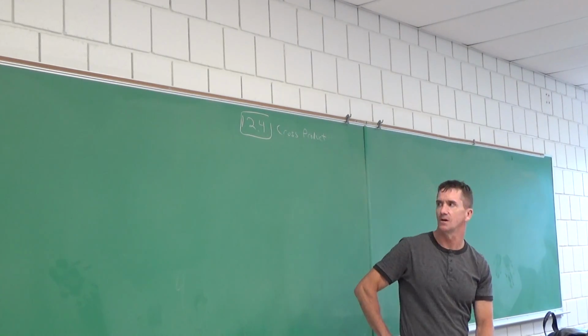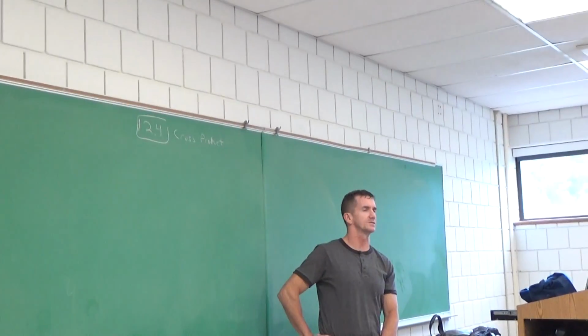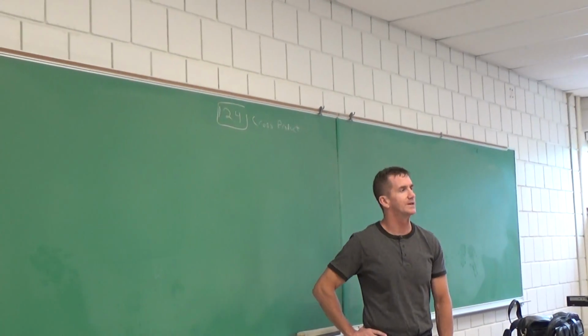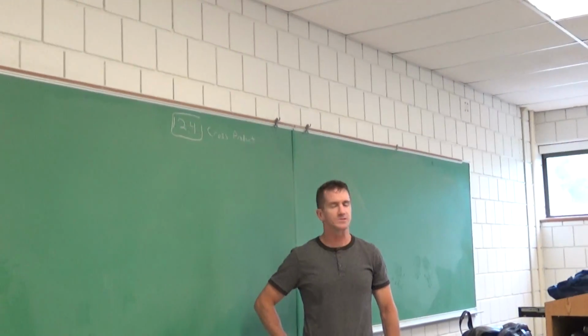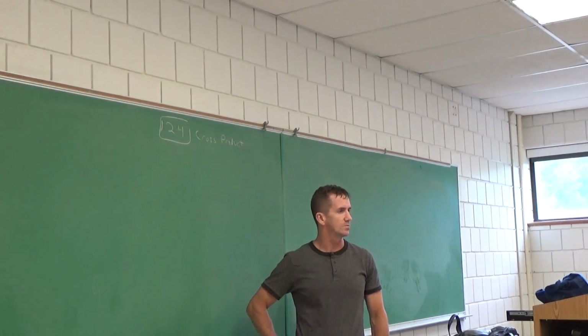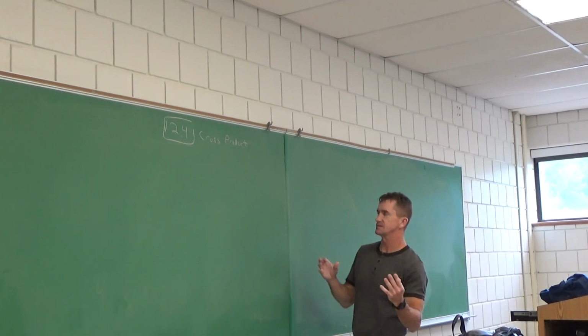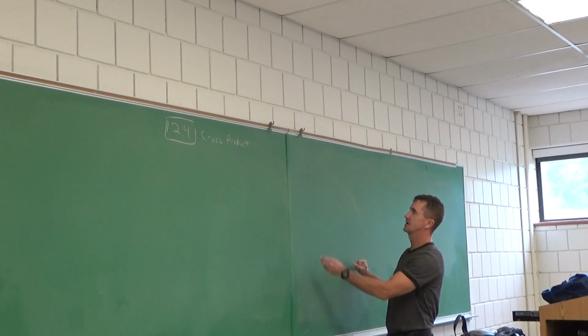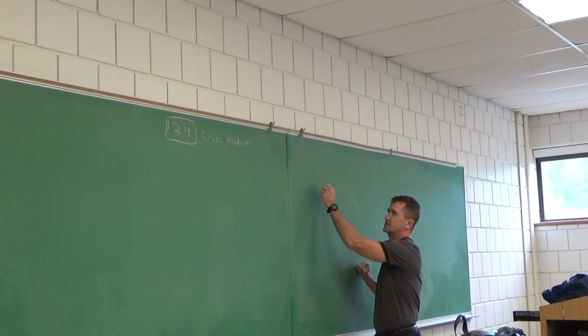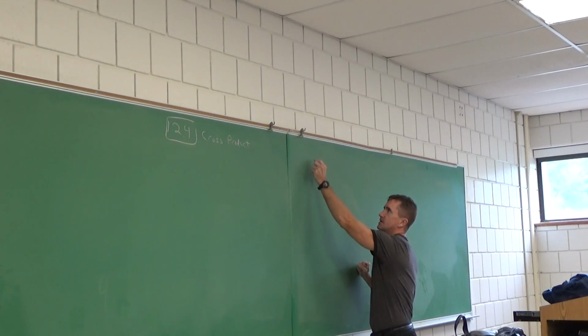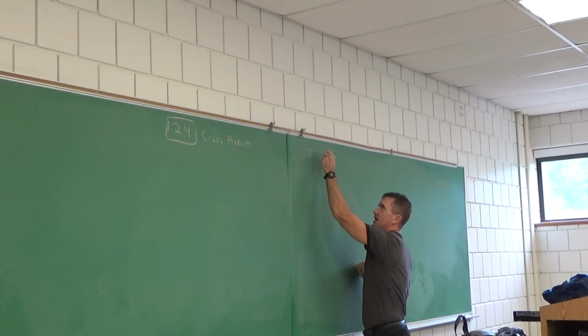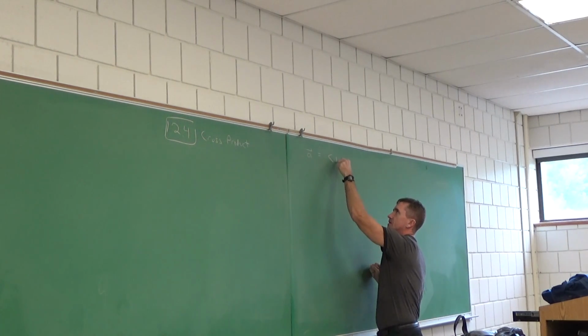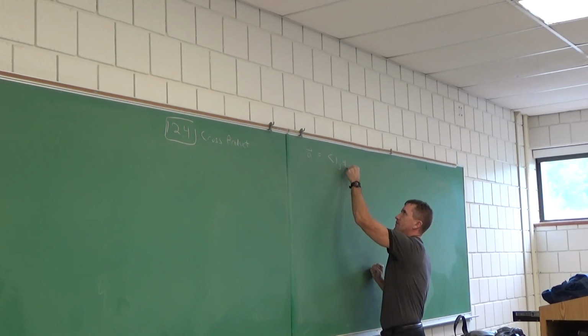All right, so this Irish mathematician, I think Hamilton, he invented this thing. But the easiest way to find it is through making a matrix and finding something called a determinant. So I'm going to do that. And I'll make up two vectors. Let's say vector A is 1, 4, 3.